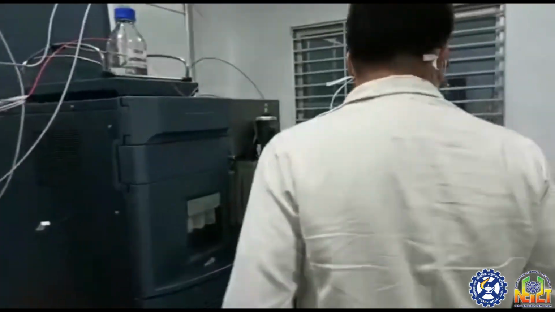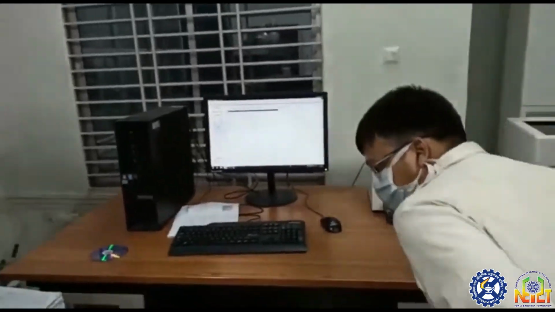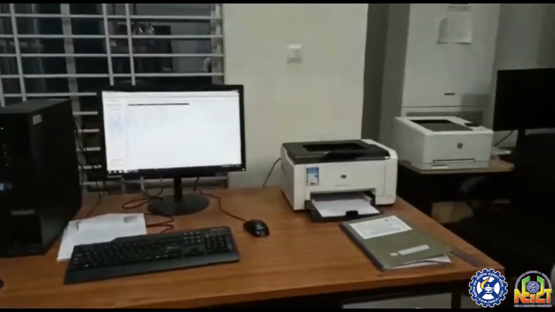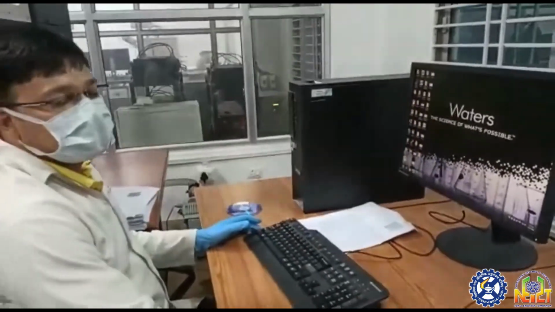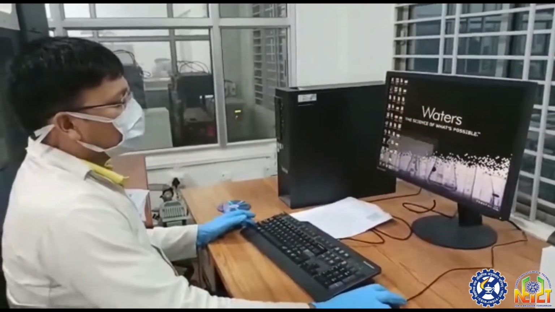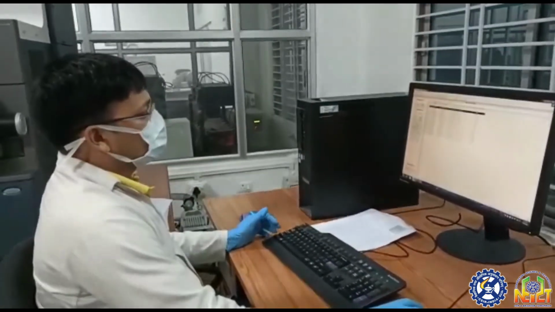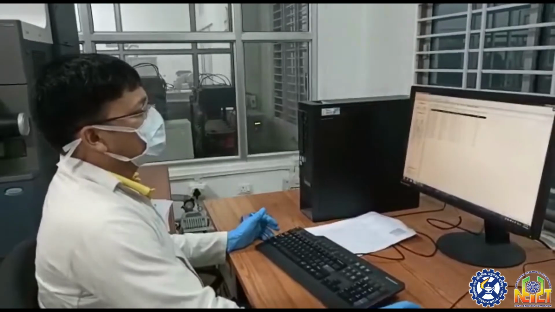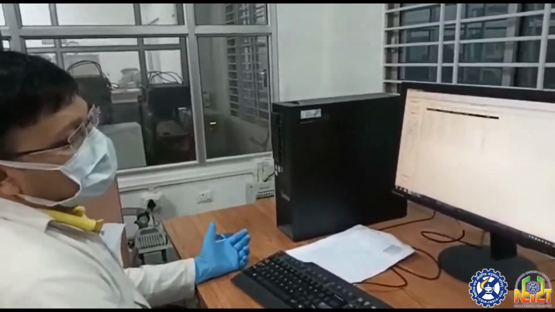So how are we running it in this HRMS machine? It has MassLynx 4.1 software in which we are running the samples. Here this is the main software file.